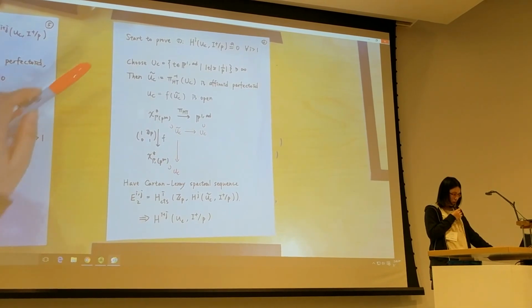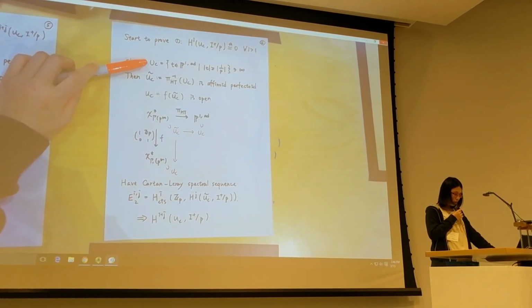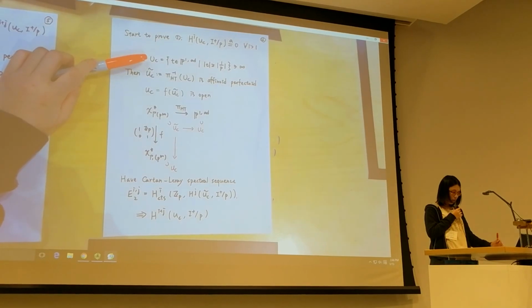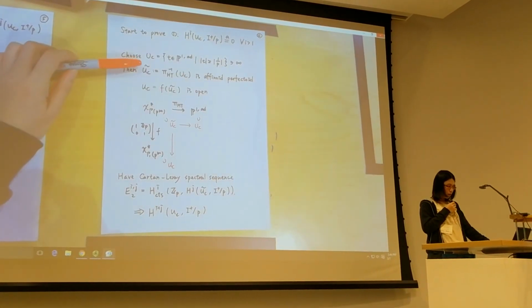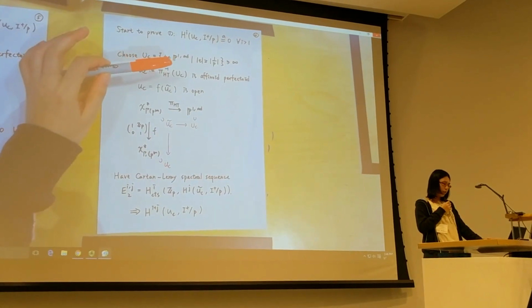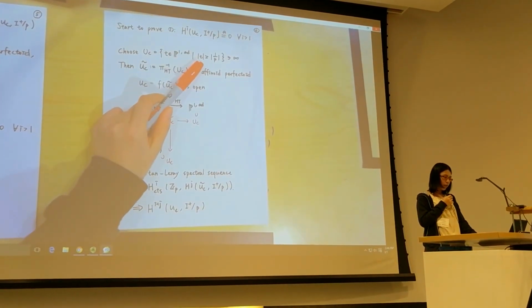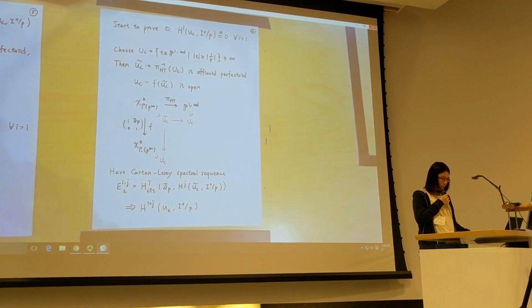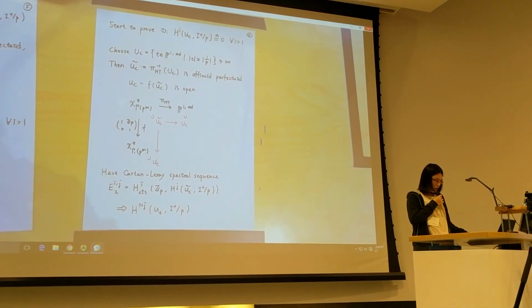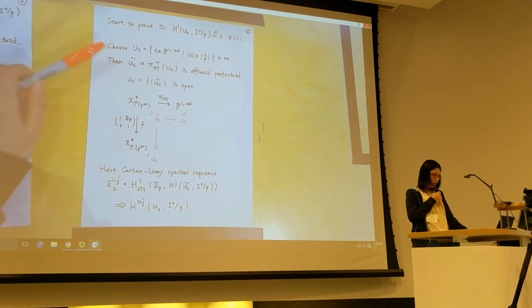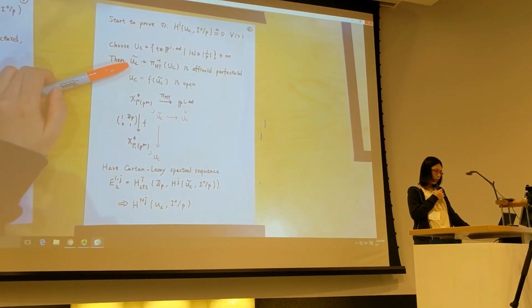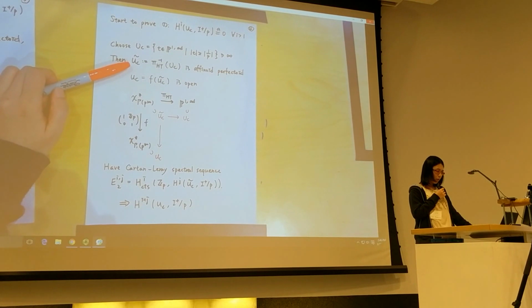I told you that we will choose this UC, which is some part of the upper hemisphere in the P1, and we will choose it a little bit smaller than the upper hemisphere. After we pull it back to UC tilde, this would be affinoid perfectoid. This is very important.